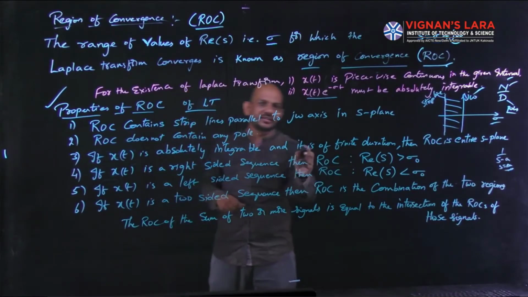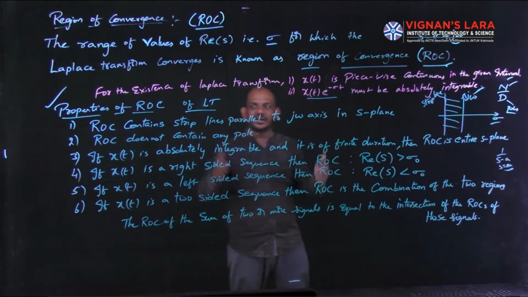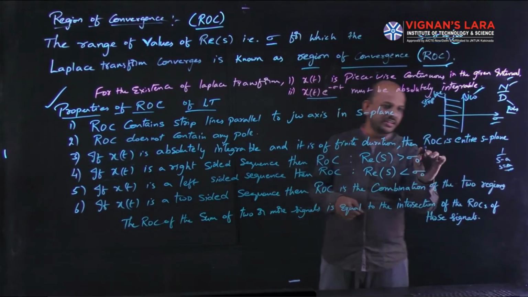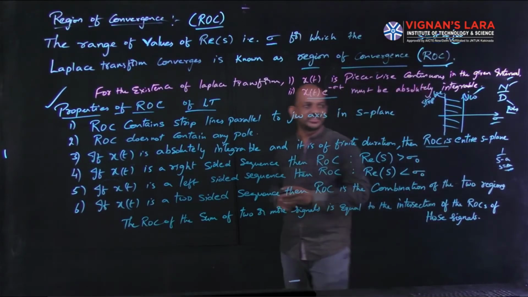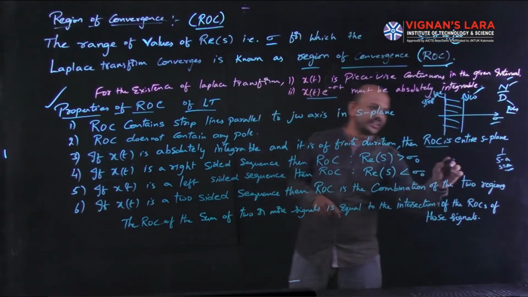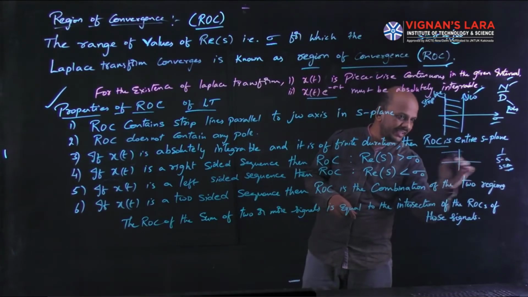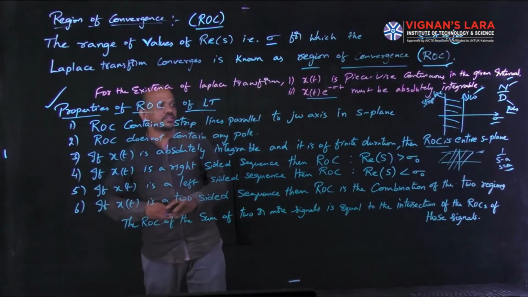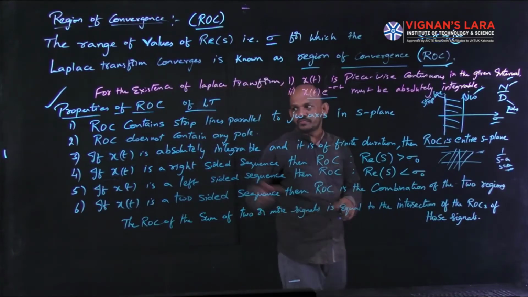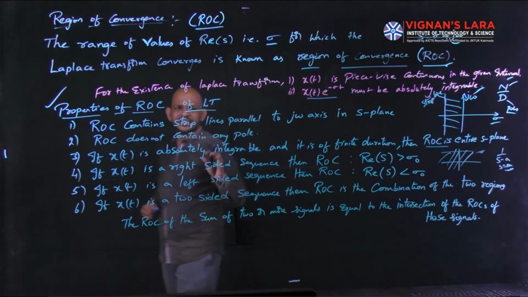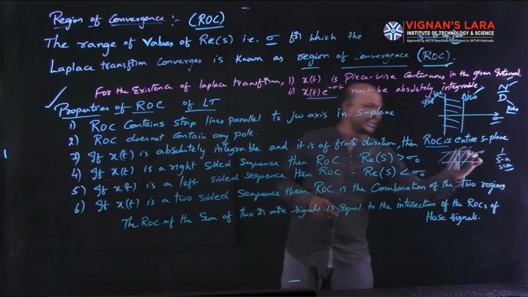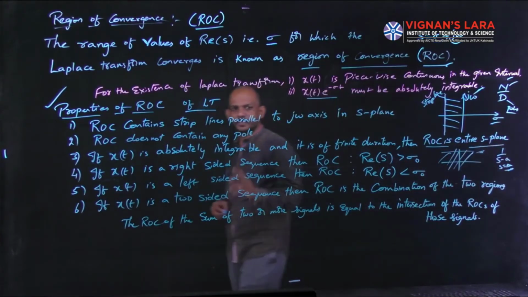And the given signal is of finite duration. Then the ROC, the region of convergence, is the entire S-plane. This is the first one.